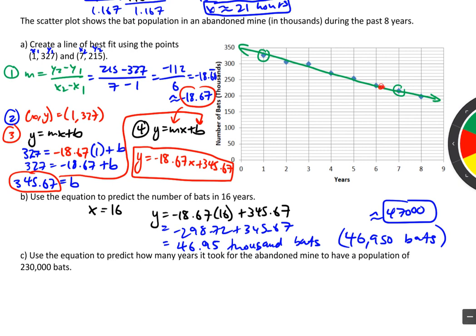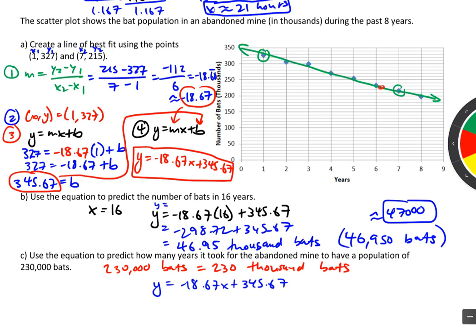The way I'm getting that is basically 230,000 bats is the same thing as saying 230, and then I write 1,000 bats. So we're going to use this 230 in our equation. We're going to use y equals negative 18.67x plus 345.67. Maybe I should have written this up here, now that I think about it, just so you guys can see where I'm getting the equation from.